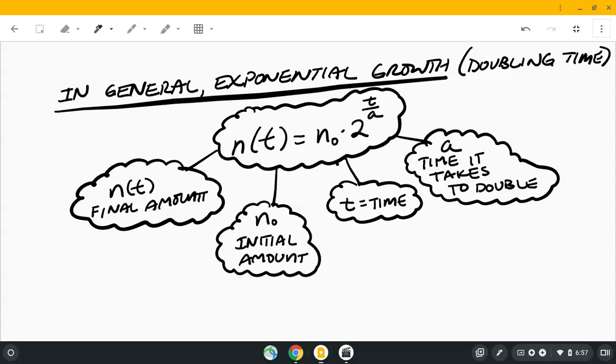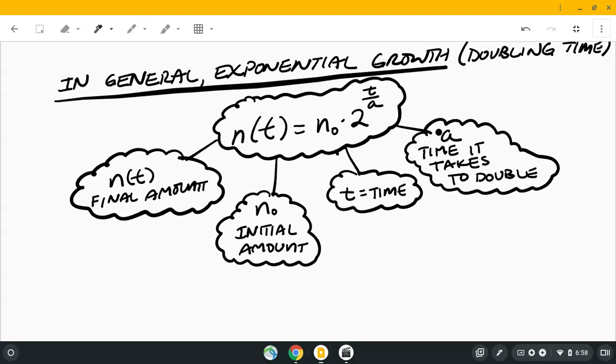And so then you start to collect your data, and let's say your initial amount is like 700. And then you just keep collecting your data and you wait to see how long does it take to reach 1400. Okay, and then how long does it take for 1400 to reach 2800? So you watch all of that. Okay, and then if it seems like there is a constant of how long it takes to double, then you found A, and then your initial amount is what you started with, that 700.